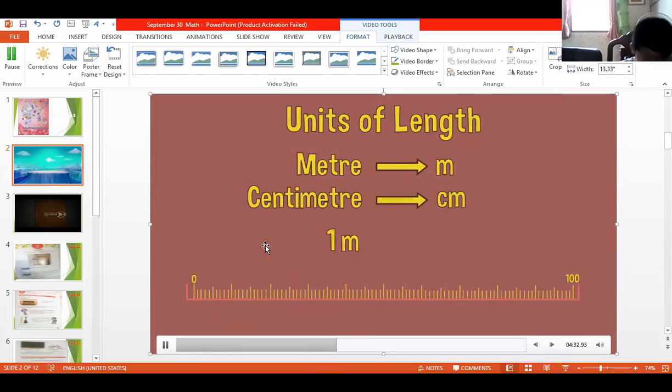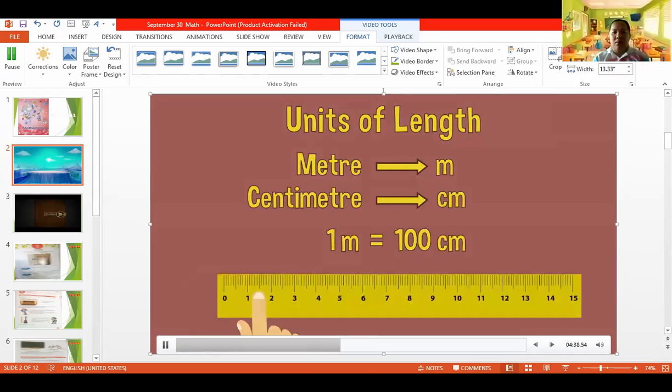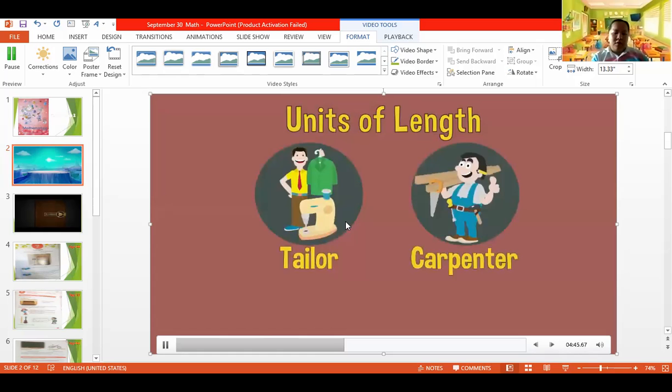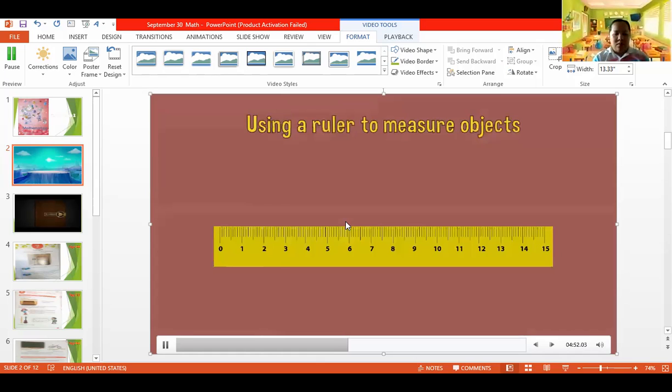The width of a finger or that of a button is close to 1 centimeter. Tailors and carpenters measure objects in meters using a measuring tape or a meter tape. The markings on a ruler are used to measure objects in centimeters.